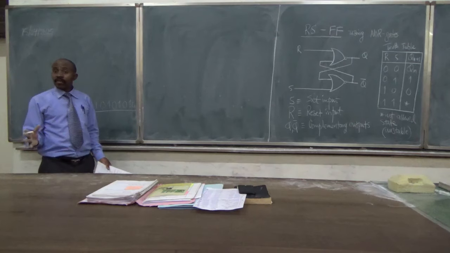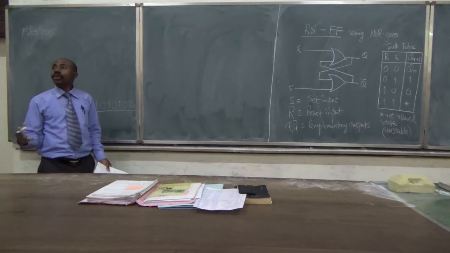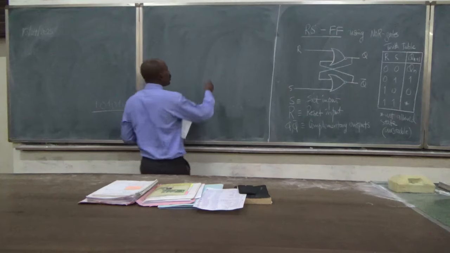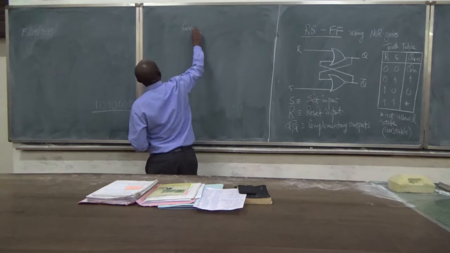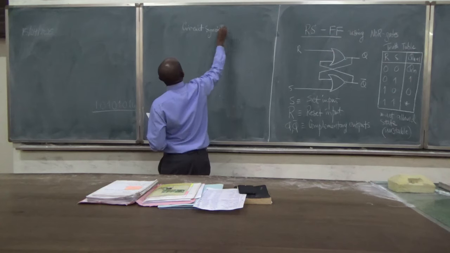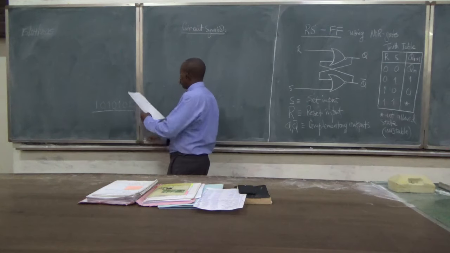We've always made sure that whatever component we work with in electronics, we give a representation of the circuit symbol. So when we are drawing circuits, this is the circuit symbol of a reset set flip-flop.